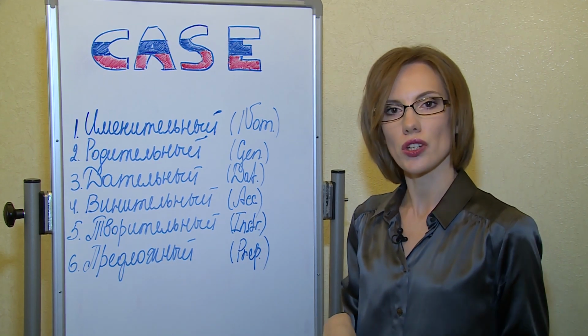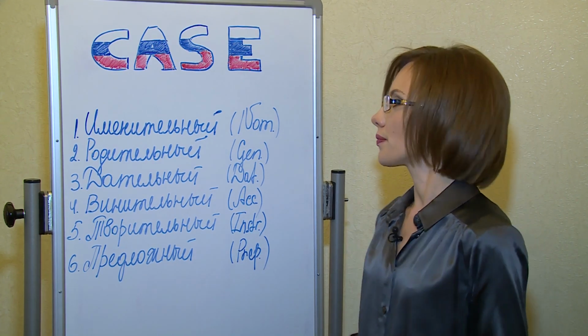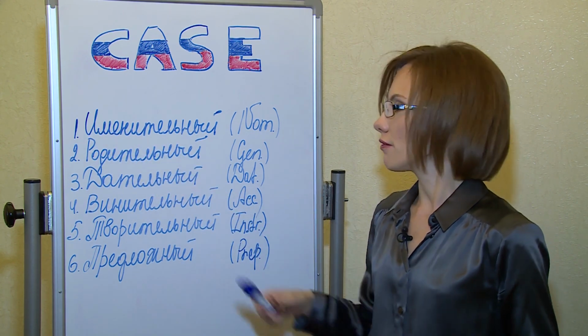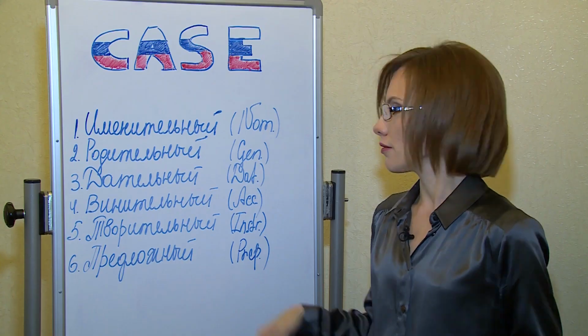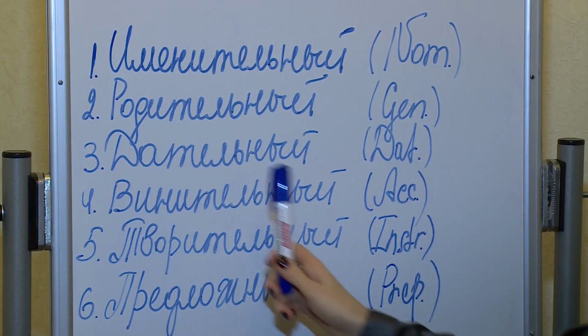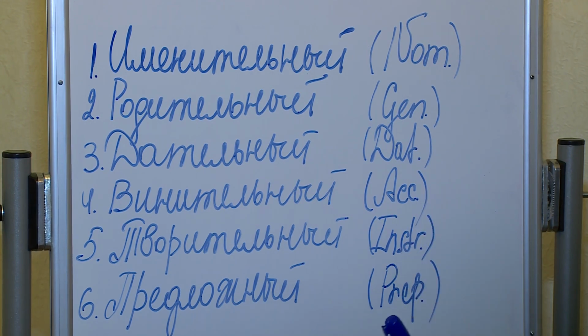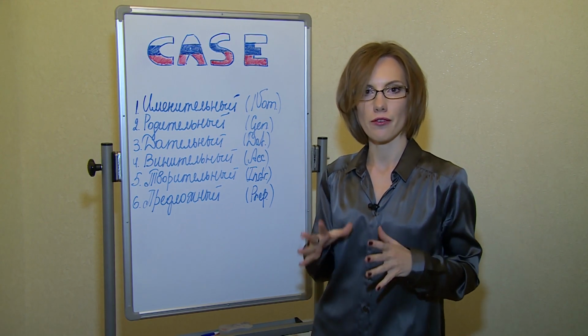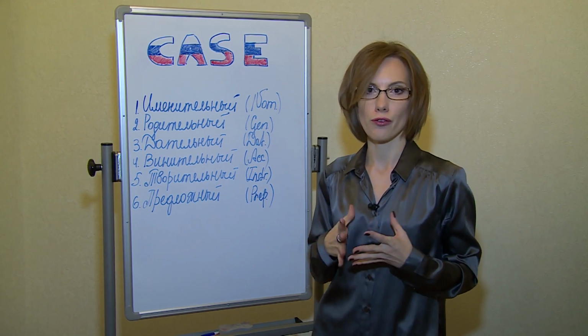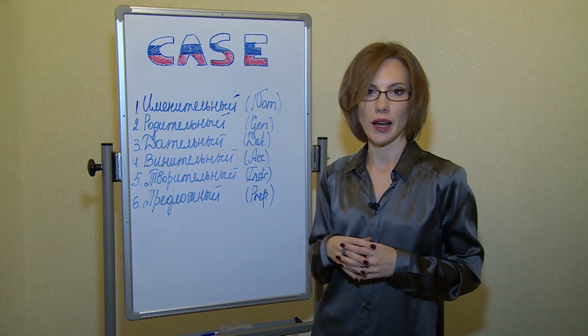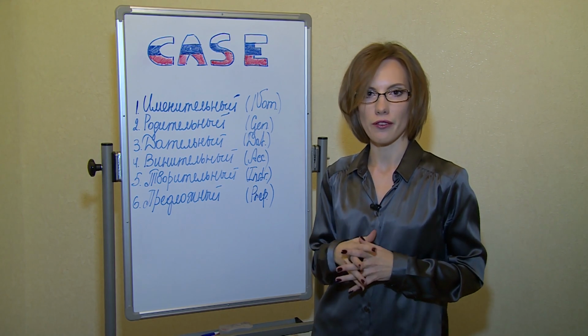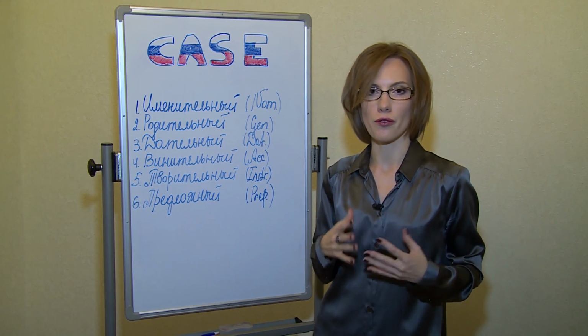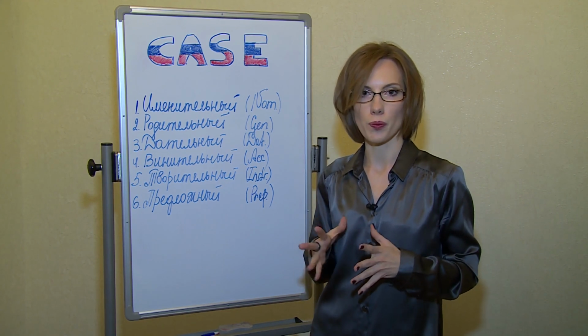The Russian language has 6 cases: именительный, nominative, родительный, genitive, дательный, dative, винительный, accusative, творительный, instrumental, предложный, prepositional. In each case, words have a form for singular and a form for plural. Therefore, nouns may have 12 forms, 6 for singular and 6 for plural.